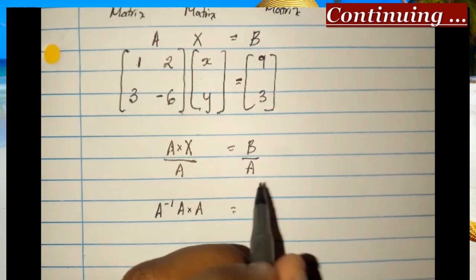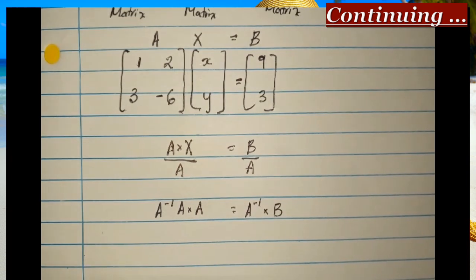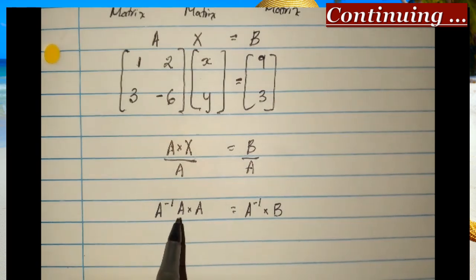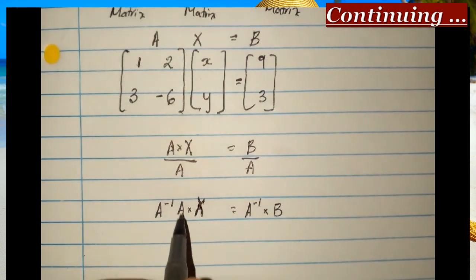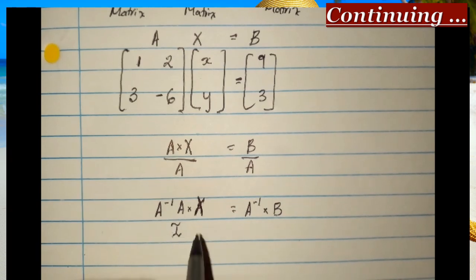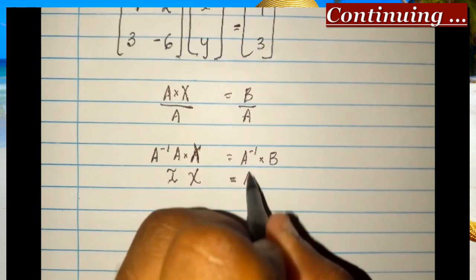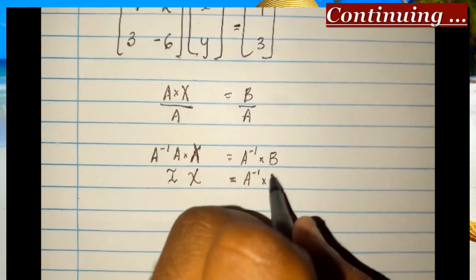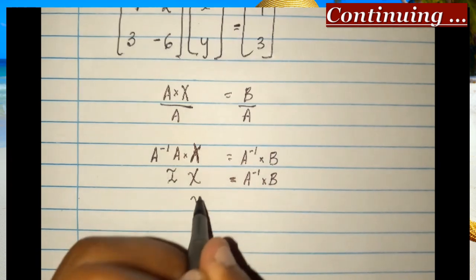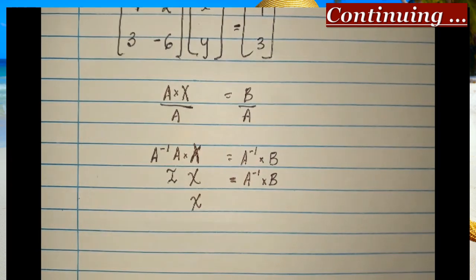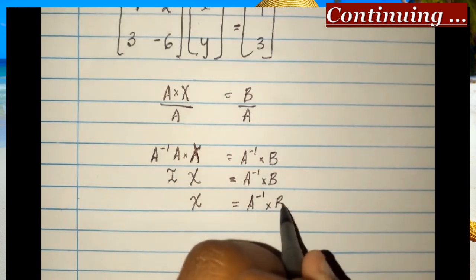Rewrite this divided by A as A inverse multiplied by B. We know that A inverse times A will give us the identity matrix, and we're multiplying that by the matrix X. That is supposed to be equal to A inverse times B. The identity matrix multiplied by X will give us the variable matrix. So to find X, we need the inverse of matrix A and then multiply that by matrix B.